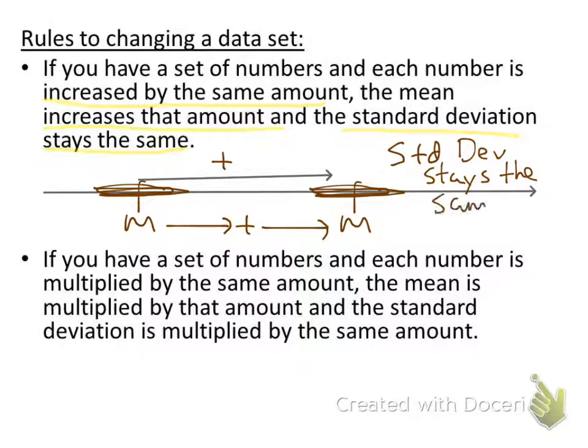Because we didn't change how far apart the values were. They still stayed the same amount, so they're still on average the same amount apart from the mean.